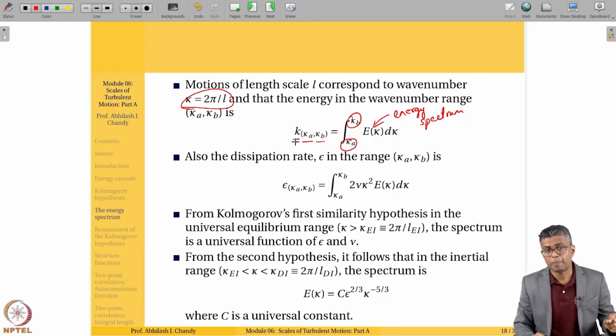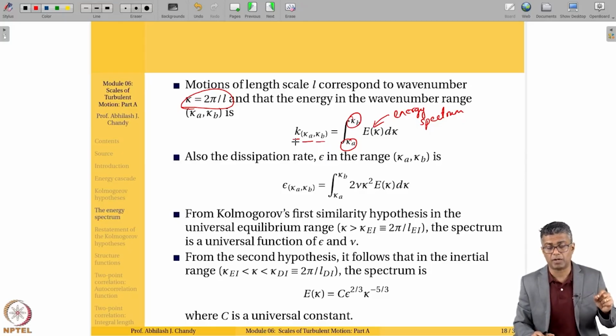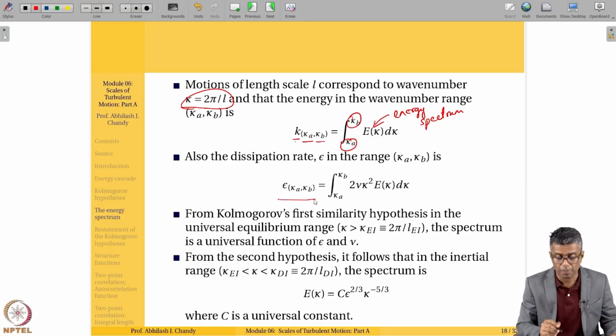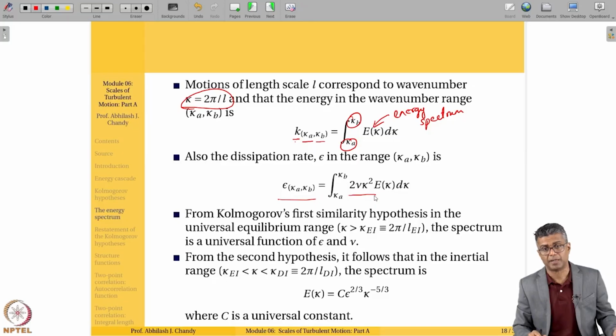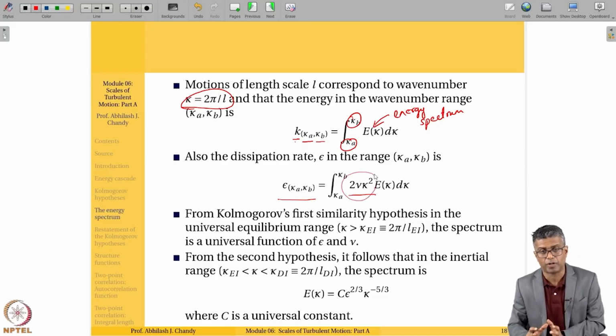Similarly, the dissipation in that range, that is the energy that is dissipated in that range. Earlier, what I calculated was the turbulent kinetic energy in that range. Now I'm calculating the dissipation. The dissipation is given by the integral from kappa_a to kappa_b of 2 nu kappa squared E(kappa) d kappa. Remember, how this is derived is not important right now.